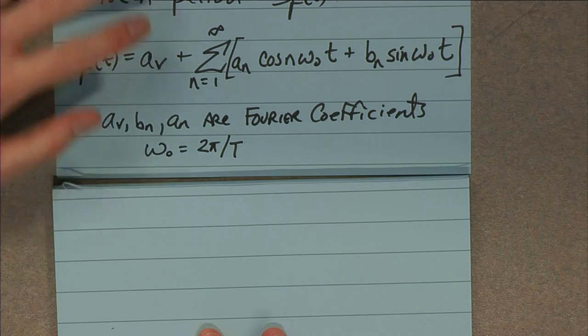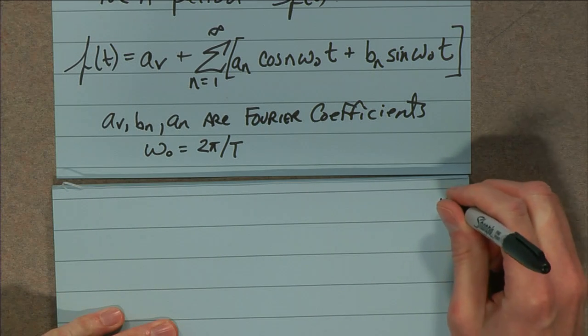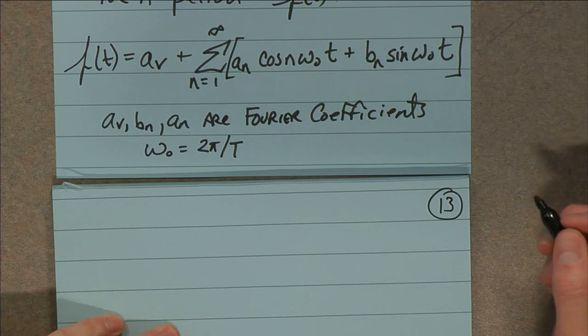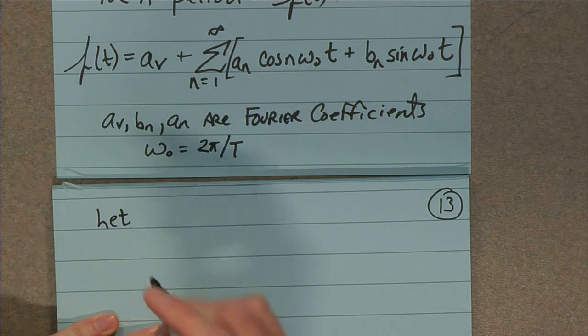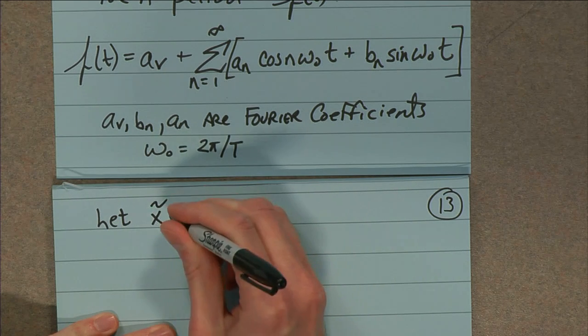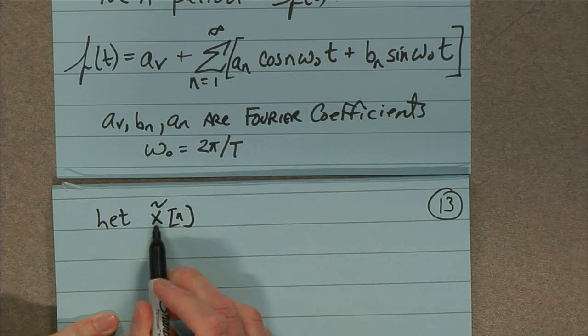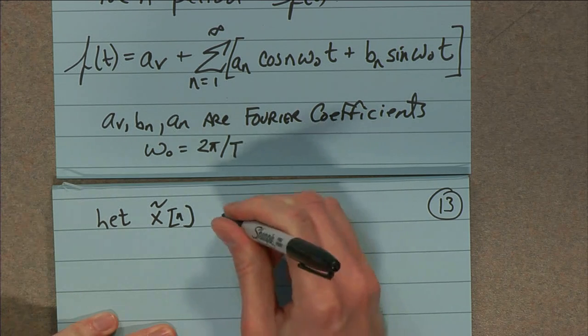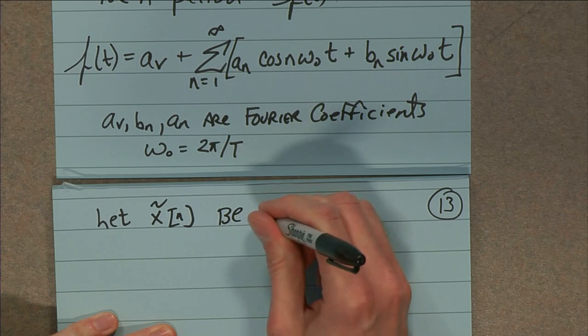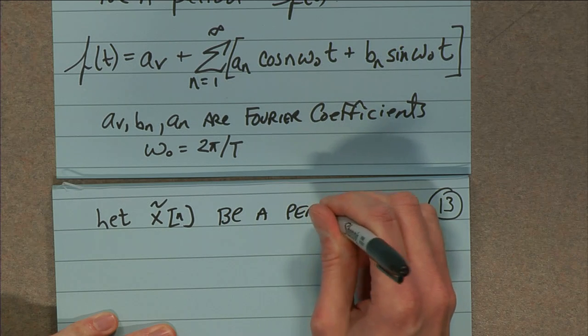So let's take a look at discrete time. What's going on there? If we go to discrete time, we'll call this x tilde of n, where we use this tilde on top of a variable to mean periodic. So x tilde of n is going to be a periodic sequence.